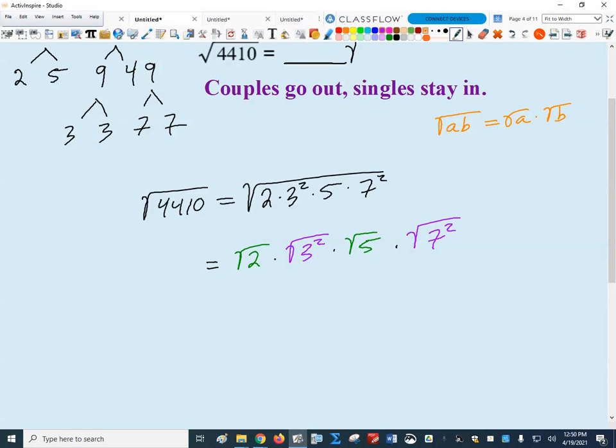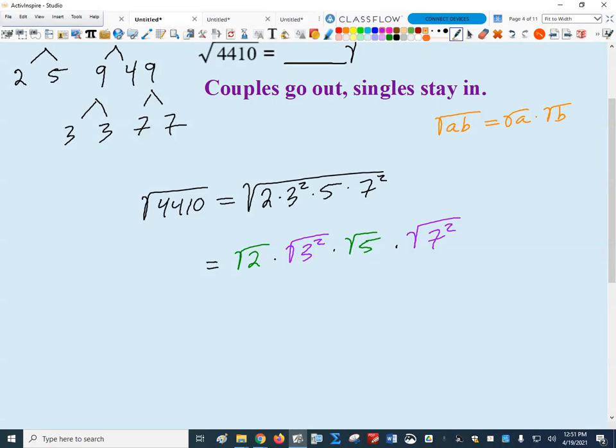Okay, two of them are prime numbers. Those can't be square rooted. What about the square root of 3 squared? What's that? Okay, that's 3, isn't it? That's the square root of 9, which is 3.